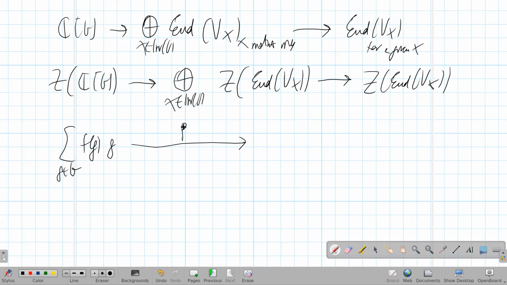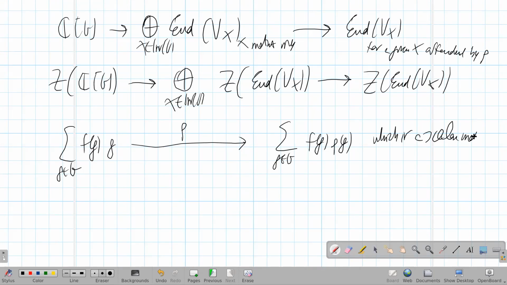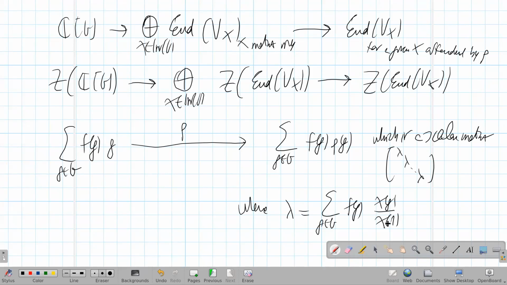This means applying rho, for a given chi afforded by rho, so this goes to this element, which is a scalar matrix: lambda, lambda, lambda, where lambda is nothing else but the sum over g in G of fg chi g over chi 1. We calculated this yesterday.